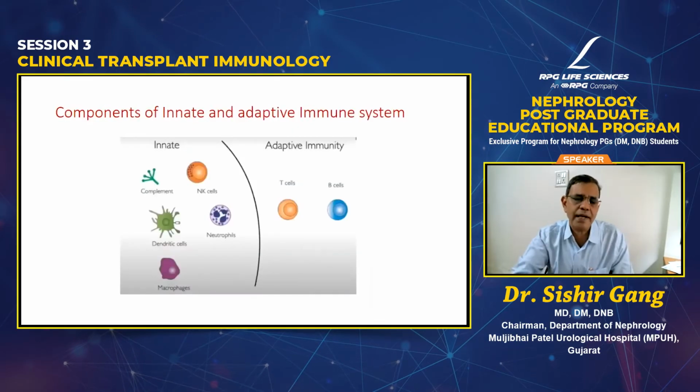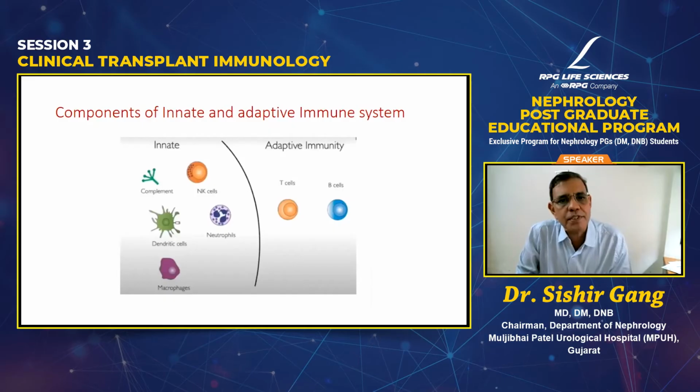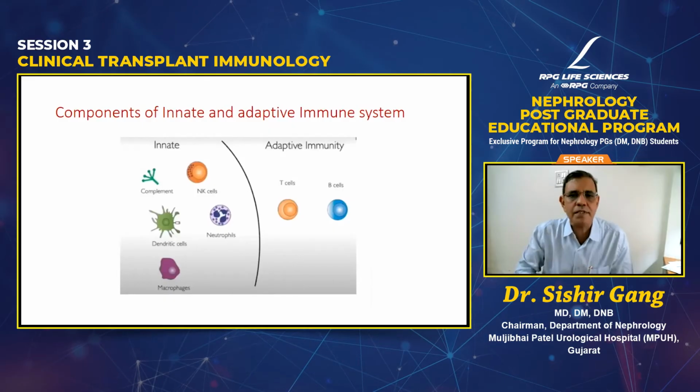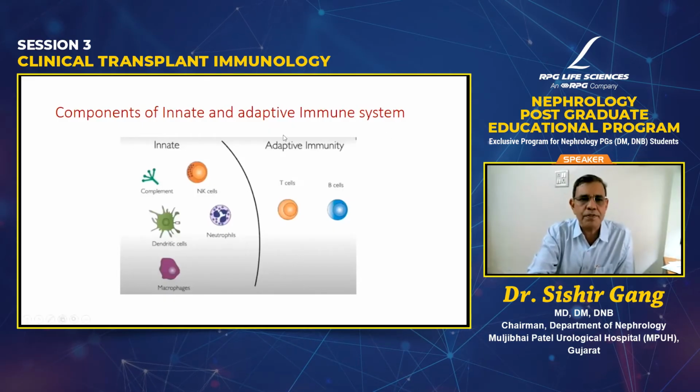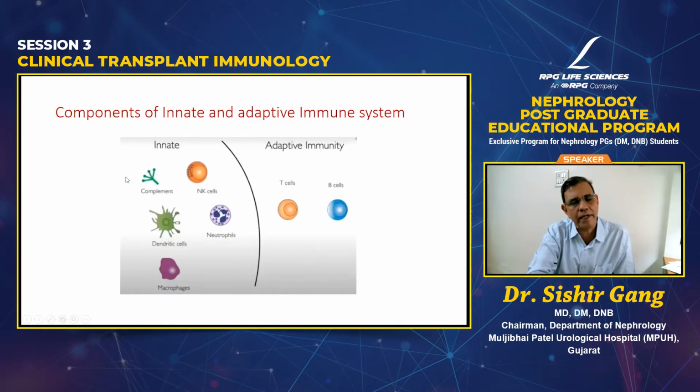As you understand, there are two components of the immune system. One is known as the innate immune system, and the other is known as the adaptive immune system. The innate immune system is something by which the organism responds to any injury or any infectious agent. Evolutionarily, the earliest system to develop was the innate system. The components of the innate system can be both proteins and cells.